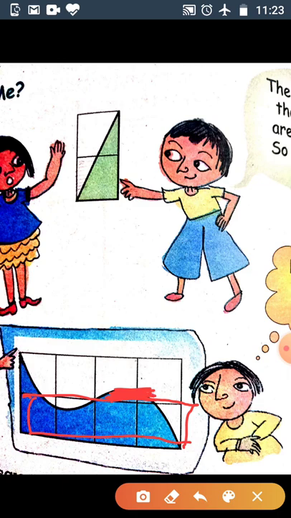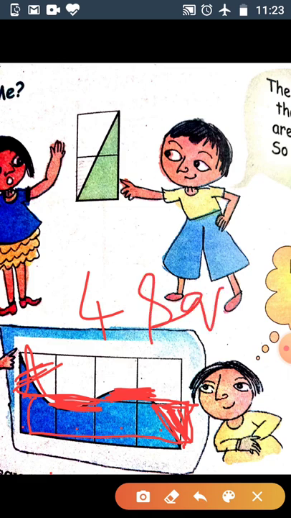So you remove this portion and fit it inside this rectangle. Similarly, this one is the extra portion, and you remove this portion from here and fit it inside this rectangle. So, how many squares have you got inside the rectangle? There are 4 squares. So, the area of this irregular shape will be 4 square centimeter.